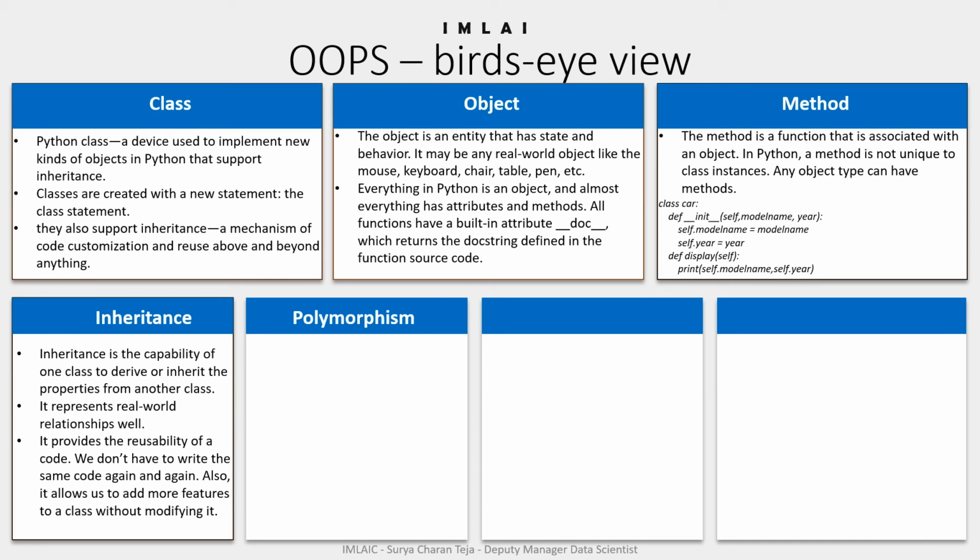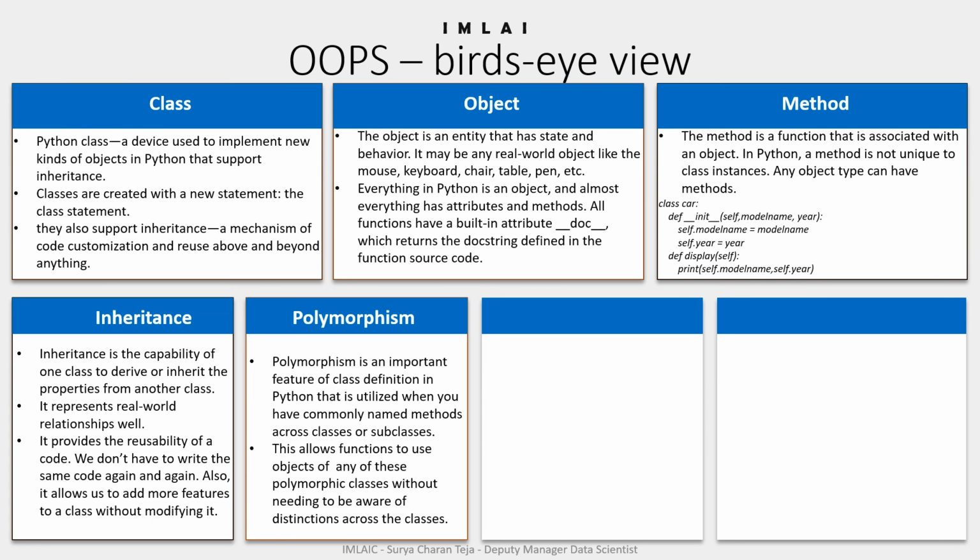Then next in the pipeline is polymorphism. It is an important feature of class definition in Python that is utilized when you have commonly named methods across classes or subclasses.